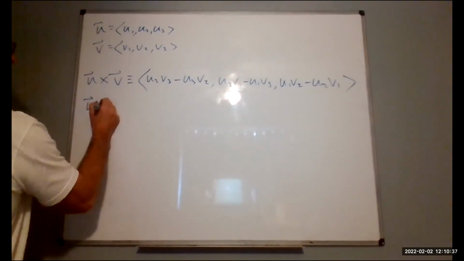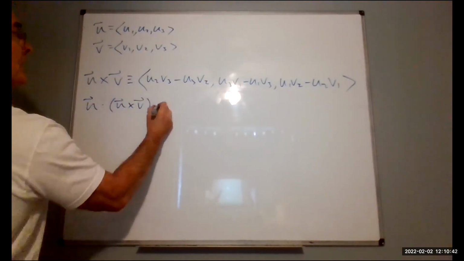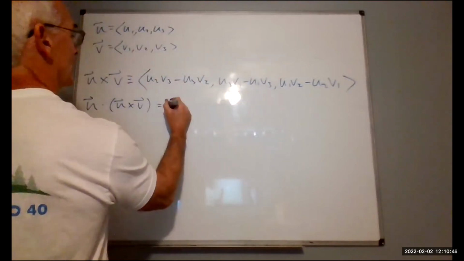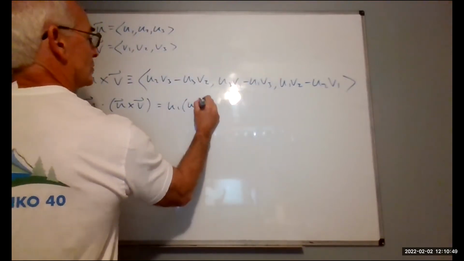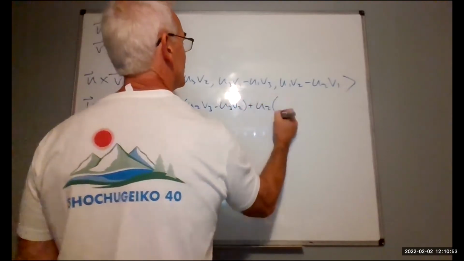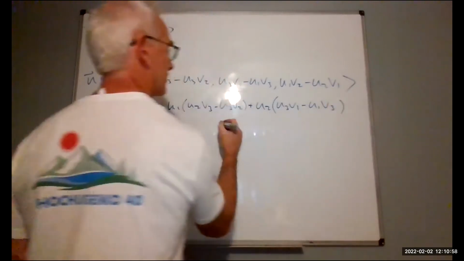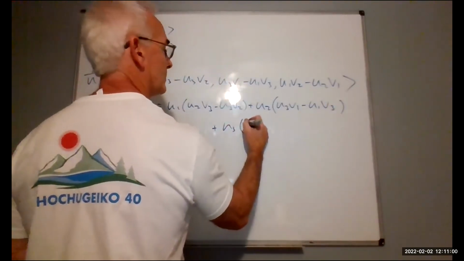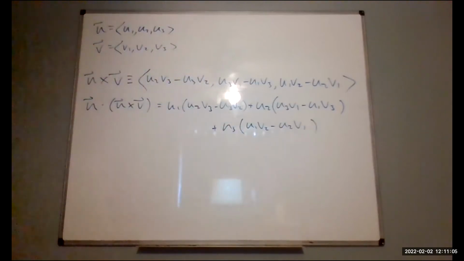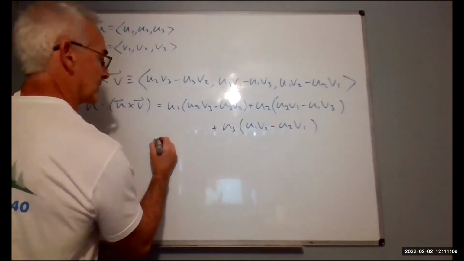Let's do U dotted with the quantity U cross V. If I do that, it'll be U1 times this, U2 times this, and so on. So I'll get U1 times (U2 V3 minus U3 V2) plus U2 times (U3 V1 minus U1 V3) plus U3 times (U1 V2 minus U2 V1). Okay, hopefully I did this right. I'm going to keep them in an order that I can easily read.